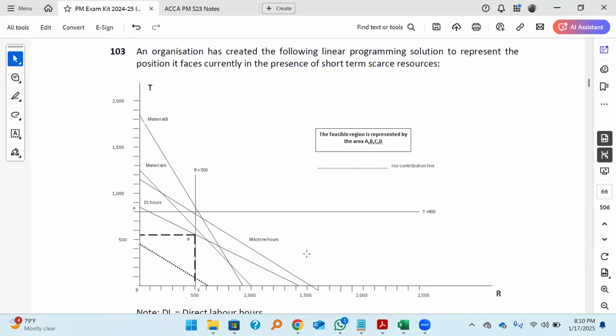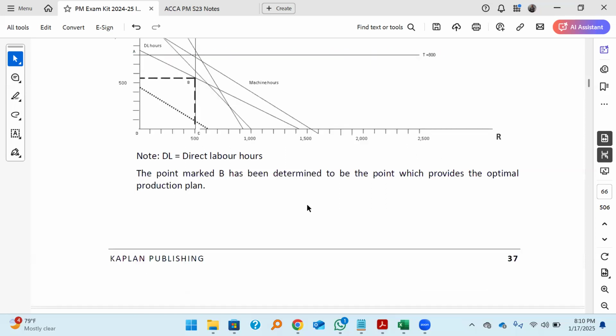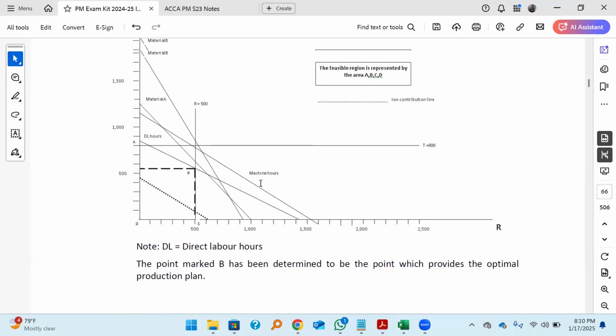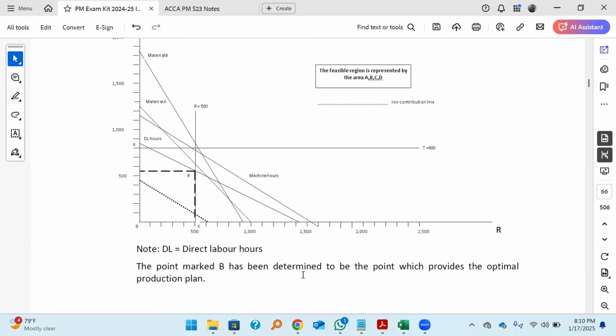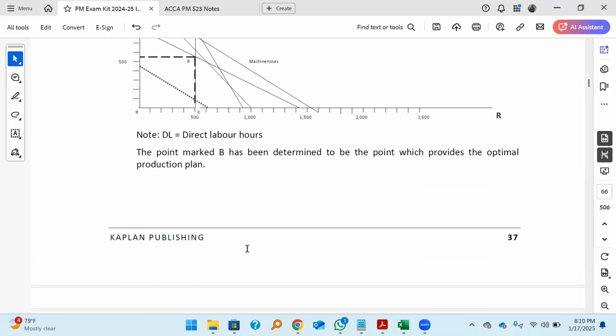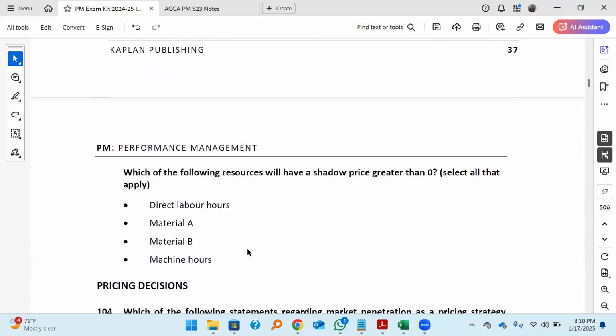They're saying that the point marked B, this one here, has been determined to be the point which provides the optimal solution. Which of the following sources will have a shadow price greater than 0?